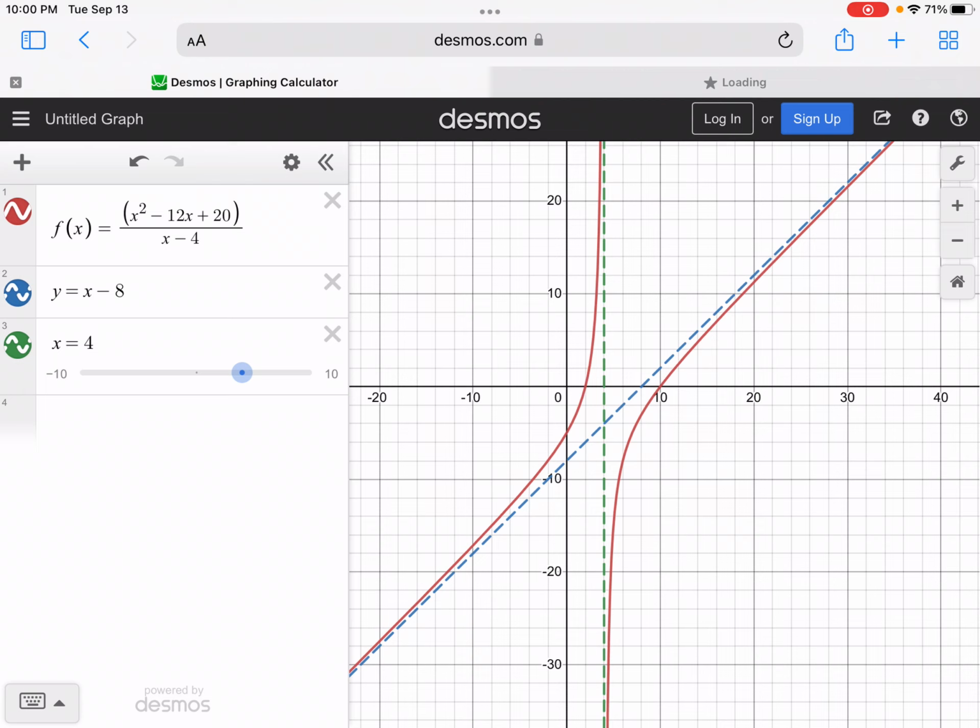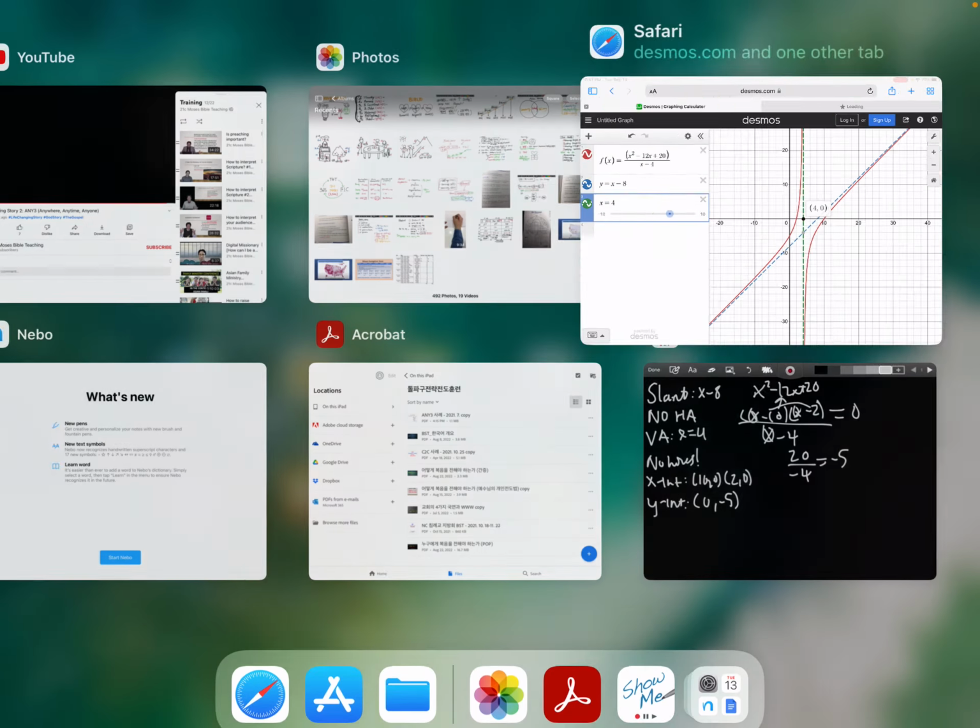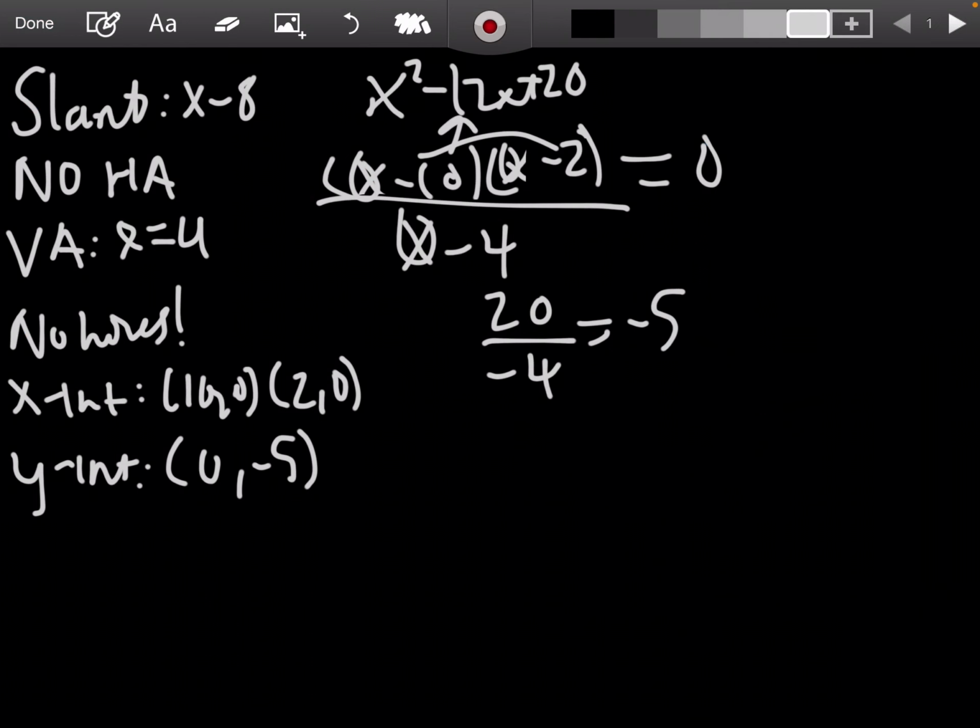Now, first, let us find the increasing intervals. As you can see here, the function is increasing the entire time, in the red lines. So we can write it as increasing all the way to the vertical asymptote, and then increasing to infinity. Remember, no brackets, only parentheses, because you cannot increase or decrease at stopping points.